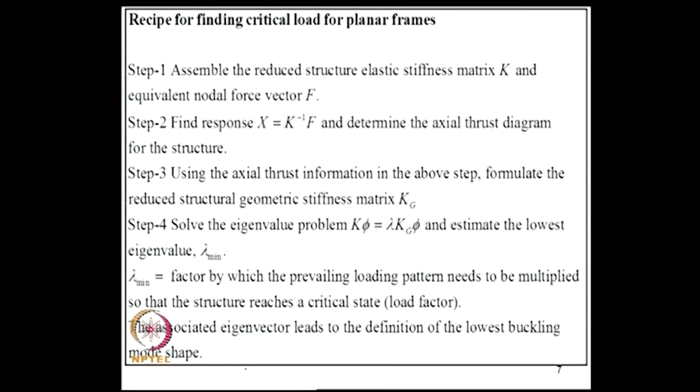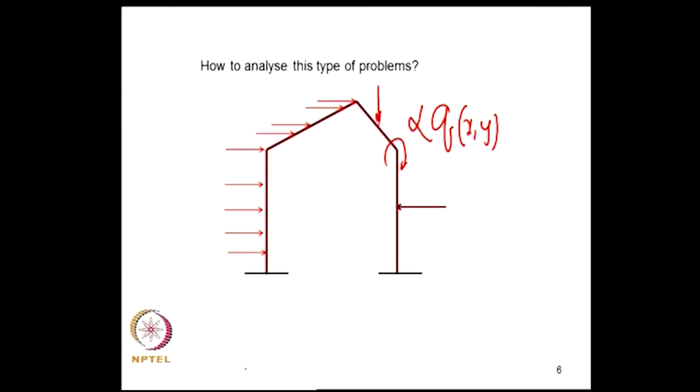So, this analysis therefore has two steps, both steps are quite familiar to us. One is simply perform a static analysis, construct the axial thrust diagram, this we have done for simple beam structures in the previous class. Then using that axial thrust diagram we formulate the geometric stiffness matrix for each of the elements, transform them to global coordinates, assemble all that.